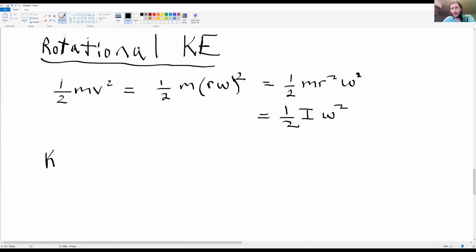So the total kinetic energy should always be the sum of those two. So the total kinetic energy is going to be the kinetic energy of translation plus the kinetic energy of rotation. Right? So make sure that you include both of those terms.